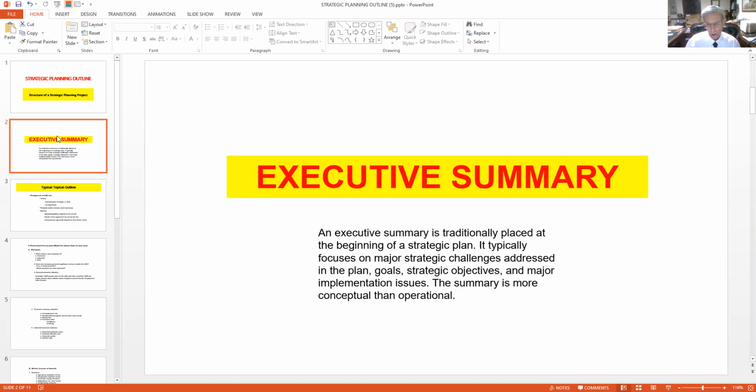And that's because there may be several people in the corporation at a high level or other levels who need to know that this plan of yours or the plan that you have contributed to exists, and they need to know generally what the intention of that plan is, what its goals, strategic objectives, primary projects and implementation methods might be.